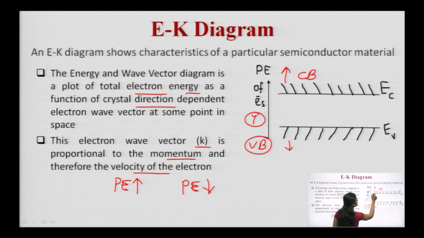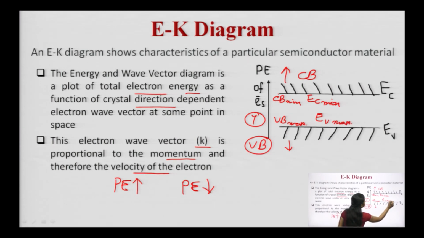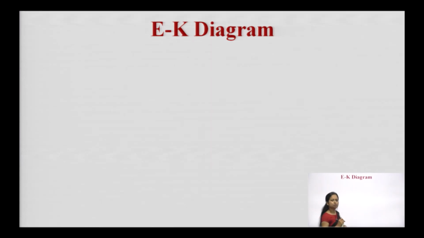So, this point is the conduction band minima and this point is the valence band maxima, because all the electrons will be below this region, while here it will be above this. So, this point can be written as EC minimum and this is EV maximum. Now, let us draw the curve.